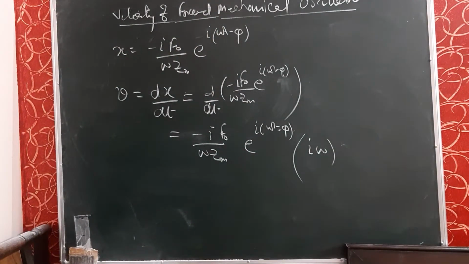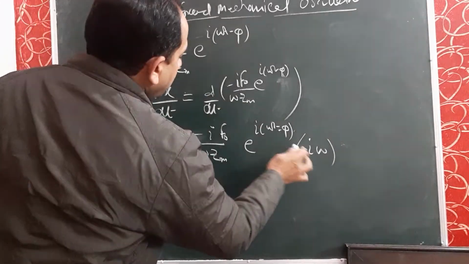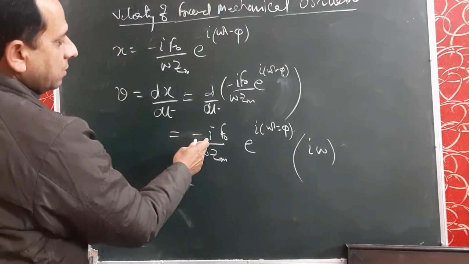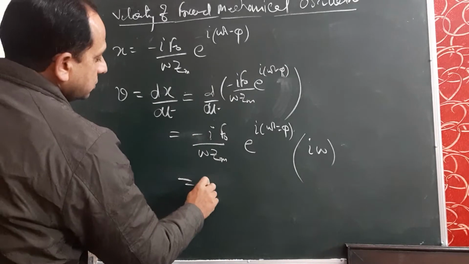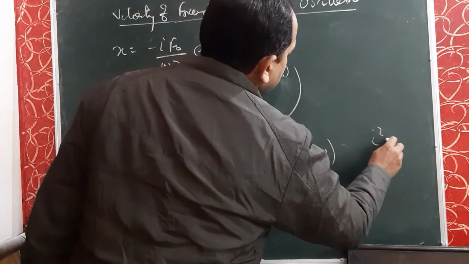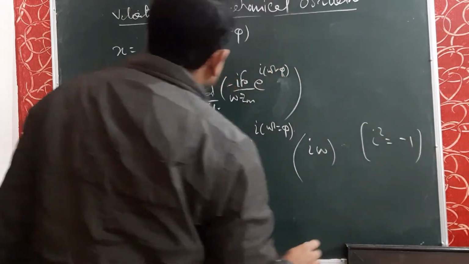So, iota into iota, iota square, that is minus 1, minus into minus is plus.